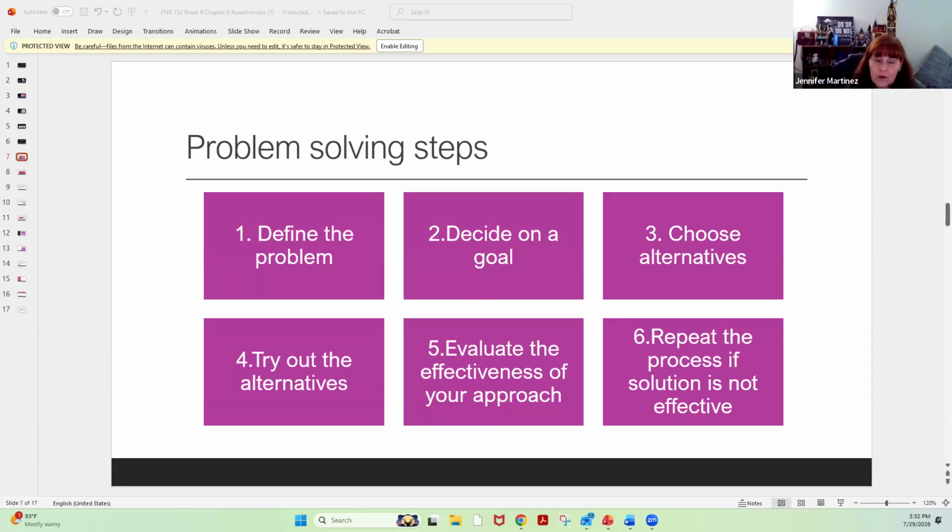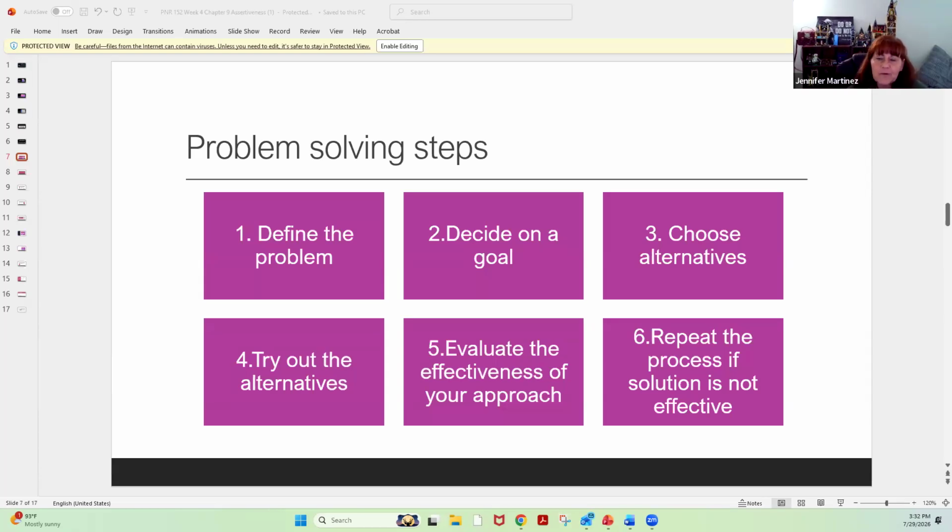We're not getting along with the coworker, or maybe we heard, like I was talking about earlier, that the coworker was talking bad about us, okay? We're trying to define the problem. So, what's the problem? We have a coworker that we're not getting along with, all right? Then decide on the goal. Review our problem: how do we improve the situation with our coworker?